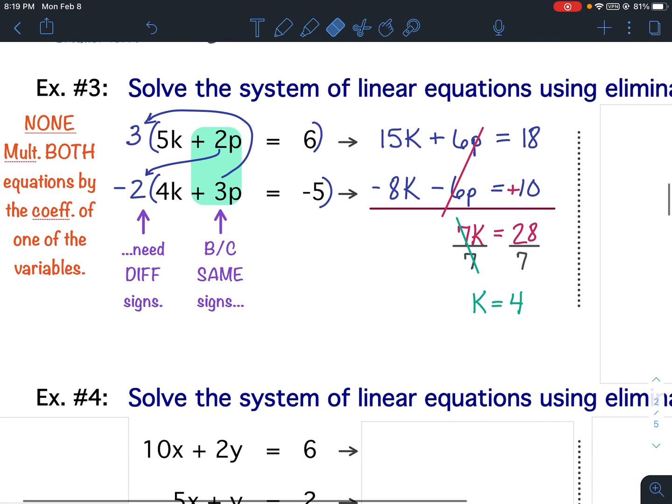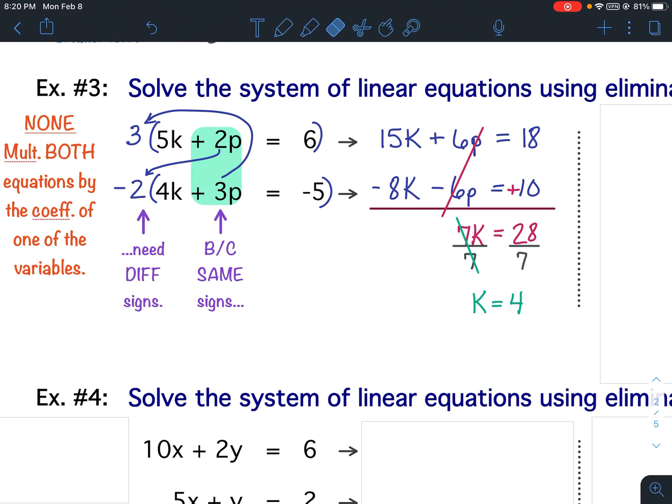Now, you could actually choose any one of those 4 equations to plug that 4 back into. The reason I wouldn't choose either one of these over here is because we multiplied them and made them bigger numbers, so I'm going to stay away from those.